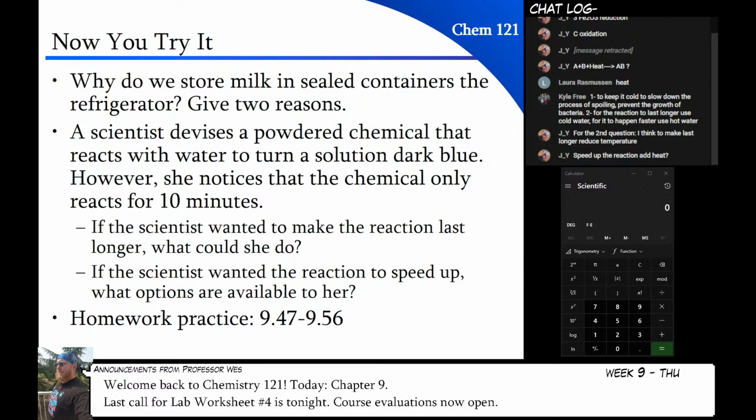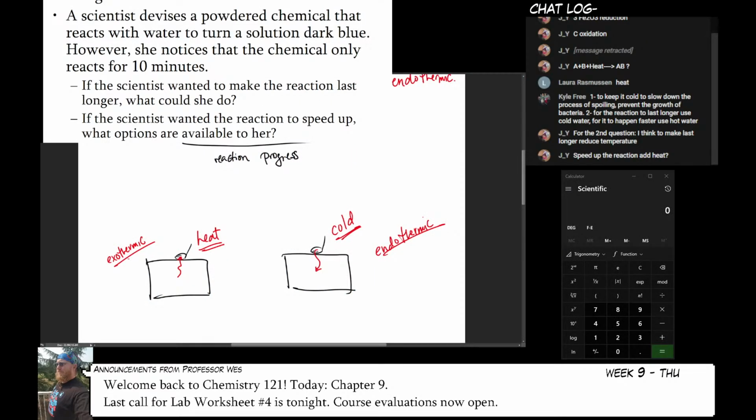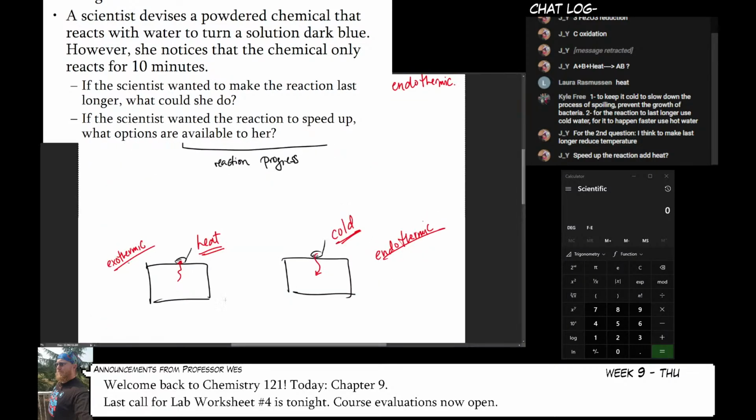For the first question, why would we refrigerate milk? Well, we don't want the reaction of milk with, say, oxygen or the environment to occur, because then it will spoil more quickly.